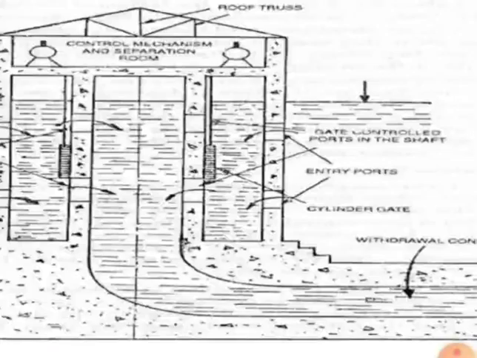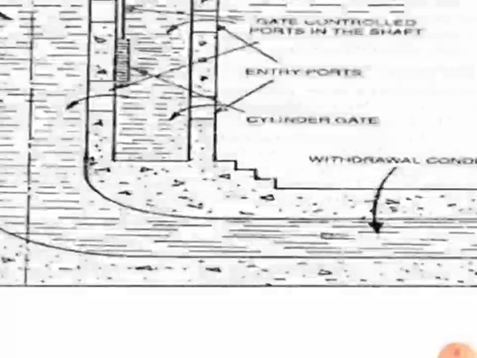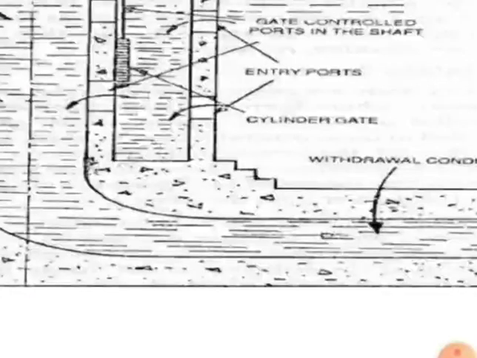The water coming out of the withdrawal conduit, which you can see below, may be taken to the pump house where it will be lifted. If the treatment plant is at a higher level, we will have to pump water from the intake to the treatment plant.